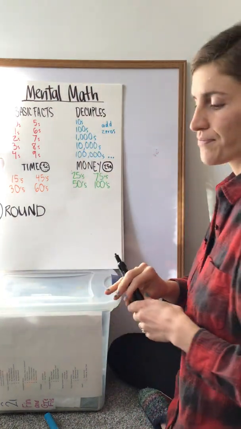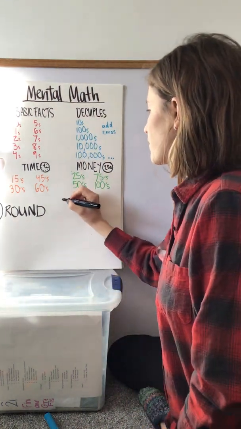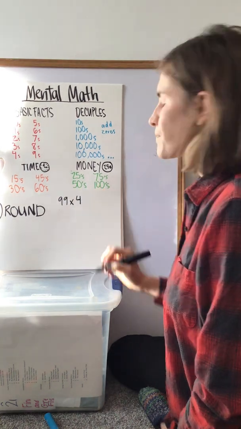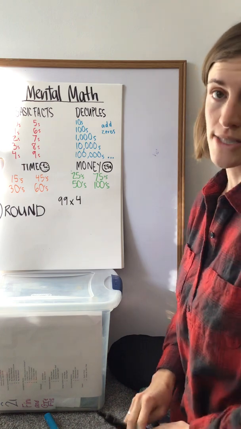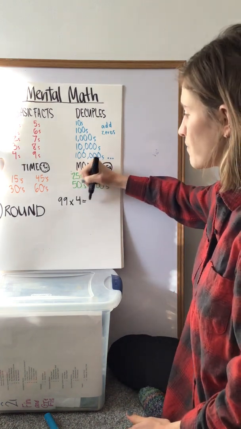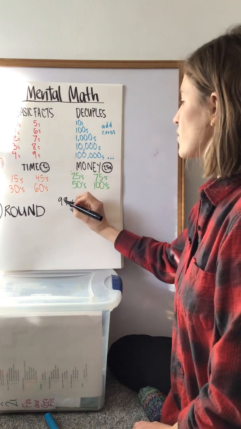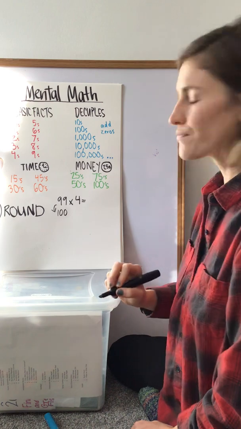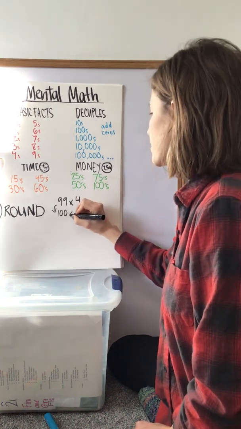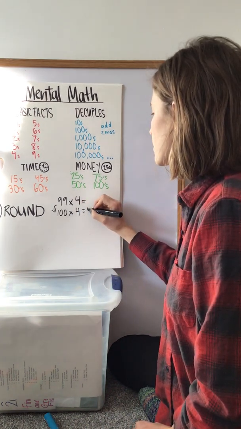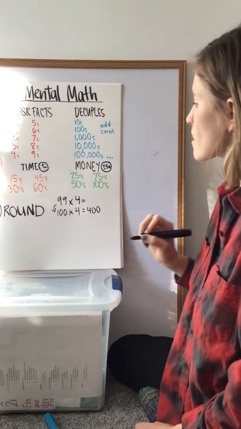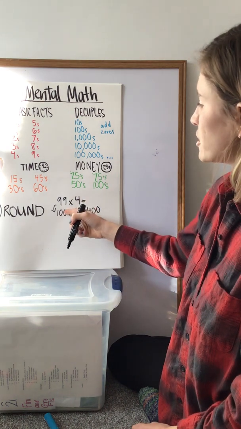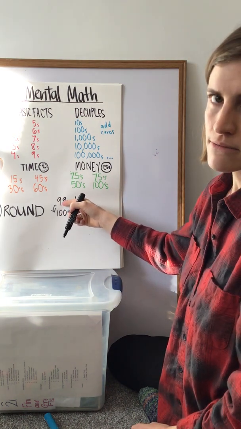For example, if I was given this problem, 99 times 4. I do not know the answer to that off the top of my head. However, I know that 99 is really close to 100. I know that 100 times 4 is 400. And if I circle back to the original problem, 100 is 1 more than 99.